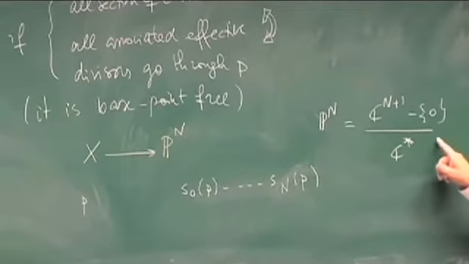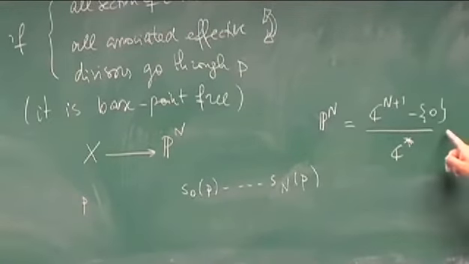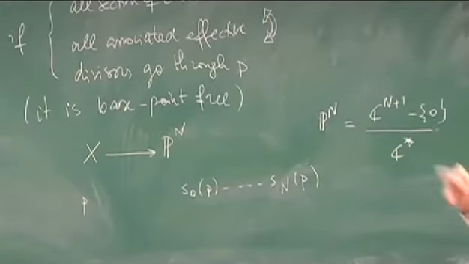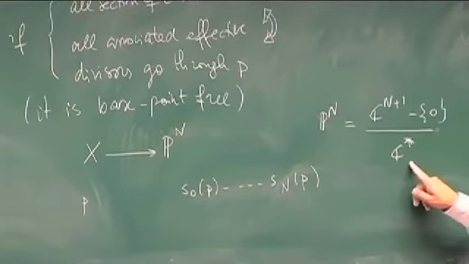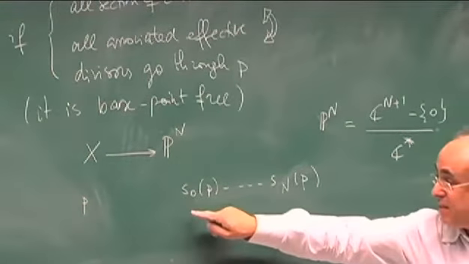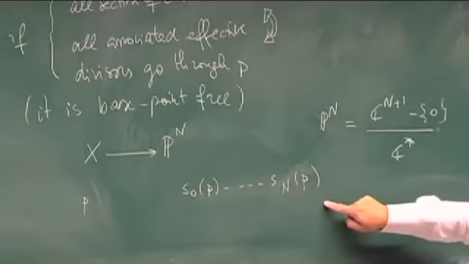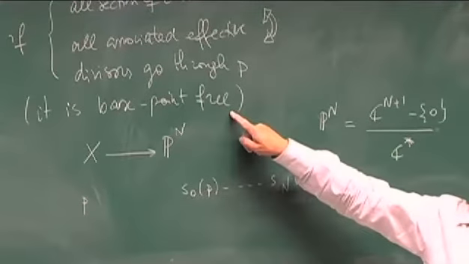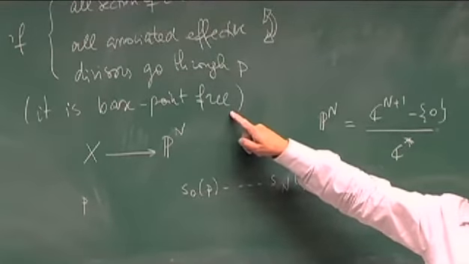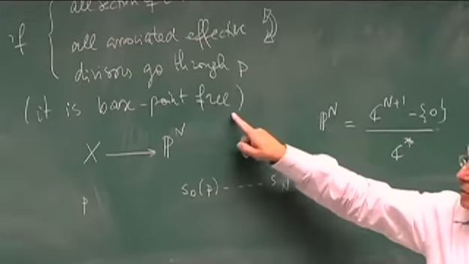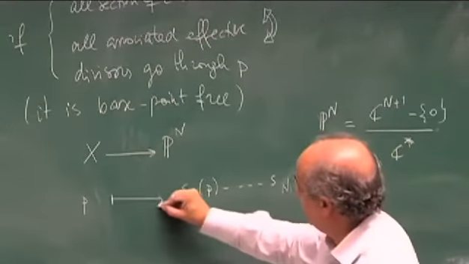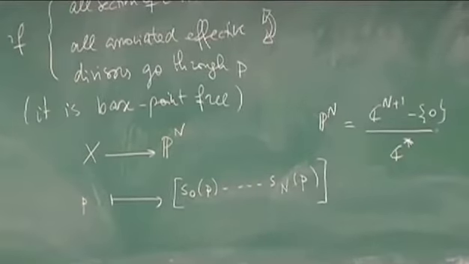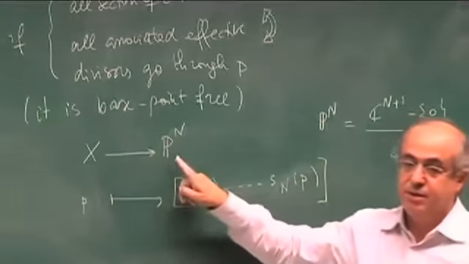And this makes sense only if 0 is eliminated. I can't stay with the 0 because then I don't have a good quotient. For this reason, I must avoid a situation where all these sections vanish simultaneously, and I need the line bundle to be base point free. If the line bundle satisfies this condition, then this makes sense. I take the class with respect to this quotient, and I get a map.